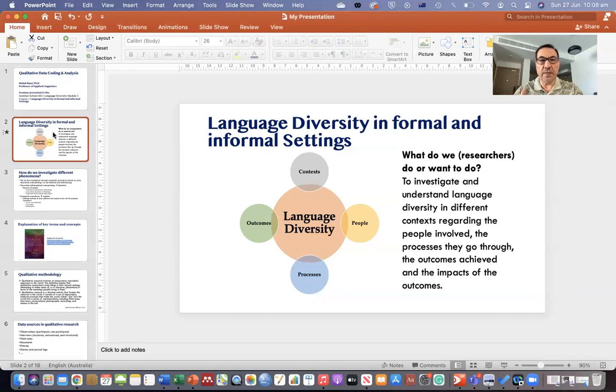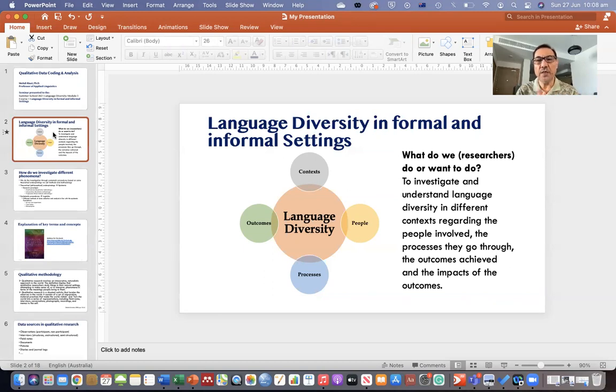By way of it, people take turns in order to express themselves and convey meaning. And usually there are some outcomes from the interactions among people using one or several languages. These are some examples of different aspects of language diversity. You can think about some other aspects, but these are just some examples.